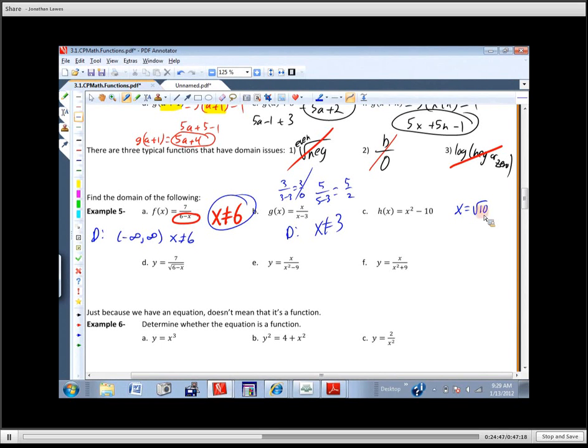Square root of 10 squared is 10. 10 minus 10 is 0. Did it give us an answer? Yeah. Is it okay to plug in square root of 10? Yep. Even the negative of that would work out, okay? It produces a cool number. It produces a special number like 0, but it's still okay to plug in. You can plug in anything you want, okay?